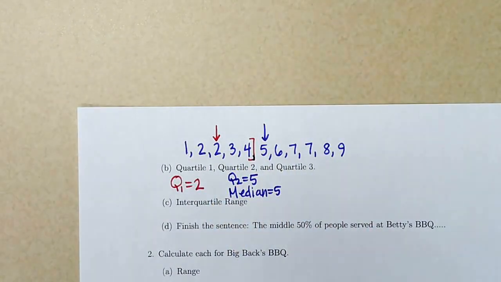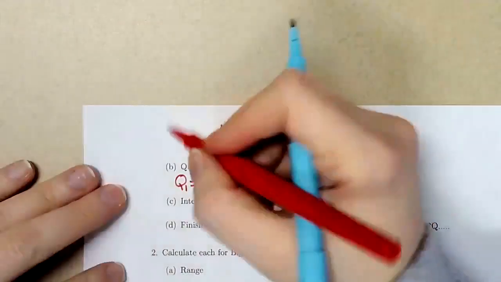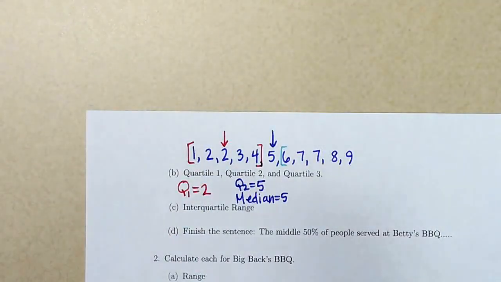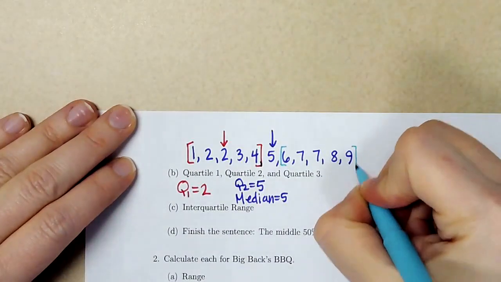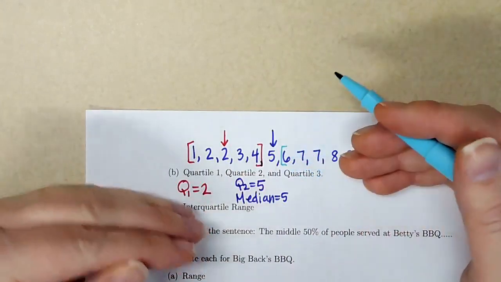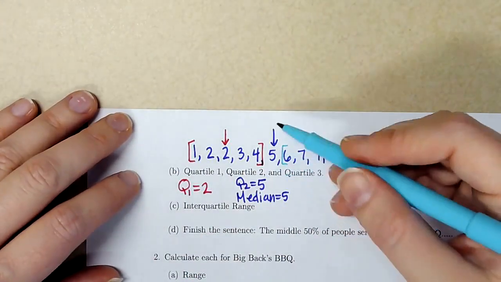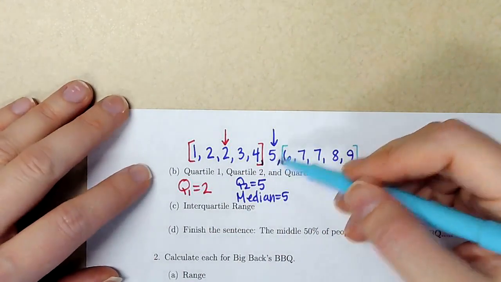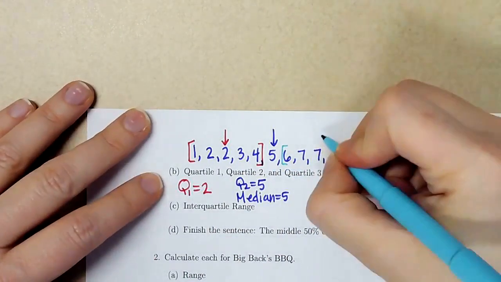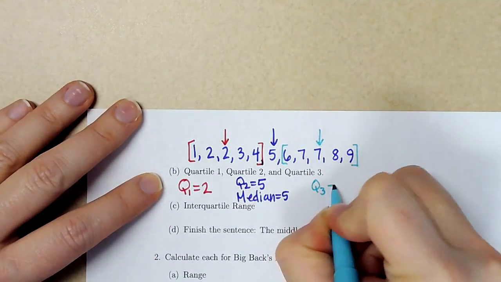And then you say, okay, middle of the high half. Here, let me cut these. Here's the high half. It's kind of splitting at 50-50 where this 5 is like, where do I go? It's like the Mississippi River. It's just federal territory. And then the middle of the high half is Q3, and that is 7.